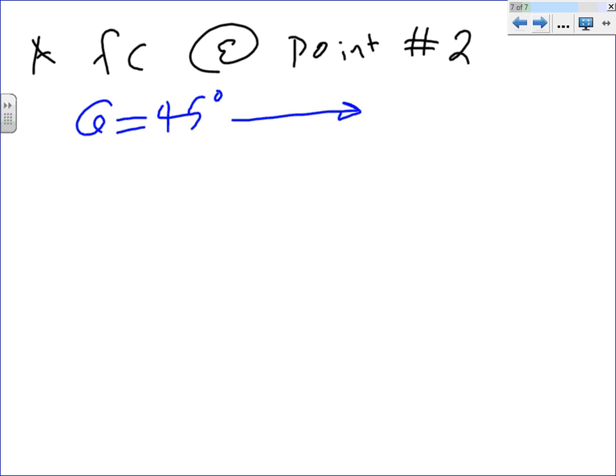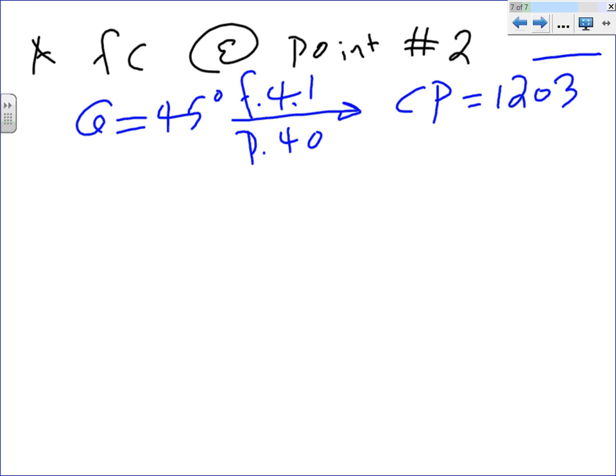If you take this to Fig 4.1, page 40, at 45, what is it? 1203. So the candela power equals 1203. This is from Fig 4.1 on page 40.